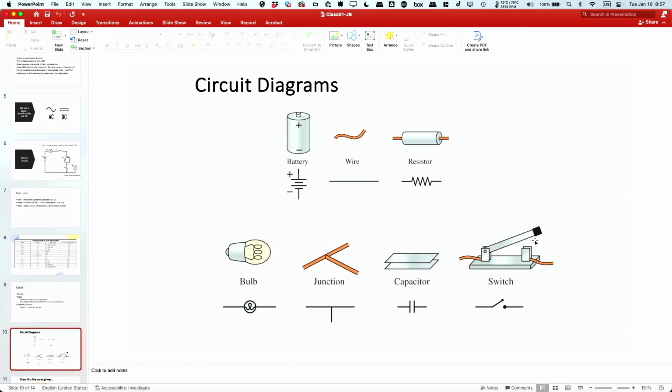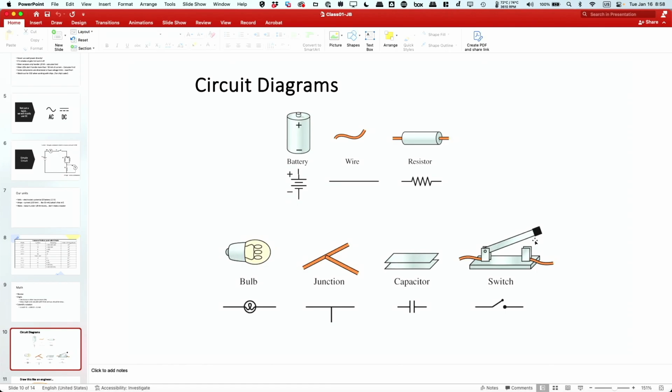So right, in the circuit diagrams you're going to see lots of parts, and here's a partial diagram of what the component might look like in the real world and how it looks in the schematic. Let's go through these. We've already talked about the battery, and batteries have a directionality to them. A wire is just a line. Resistors are the squiggly bits. A light bulb has this symbol.